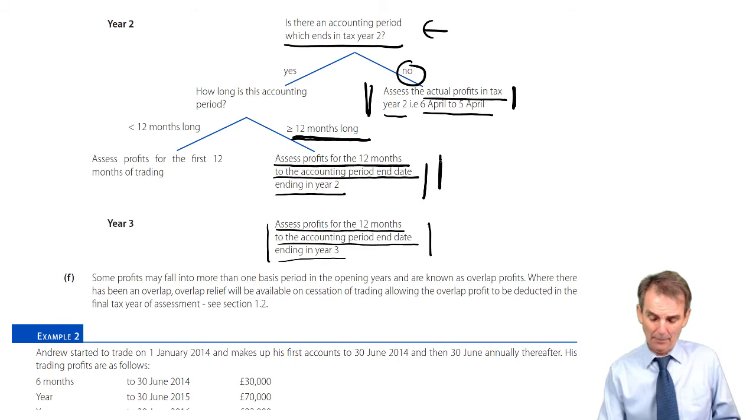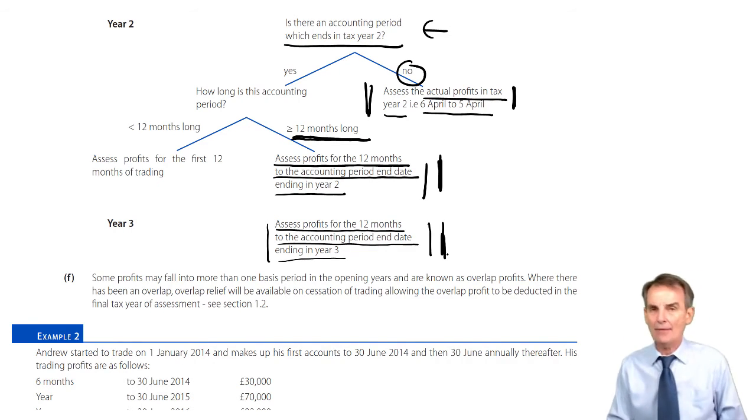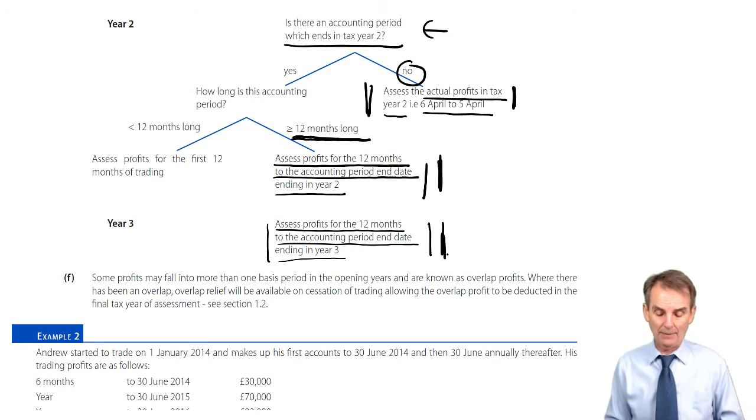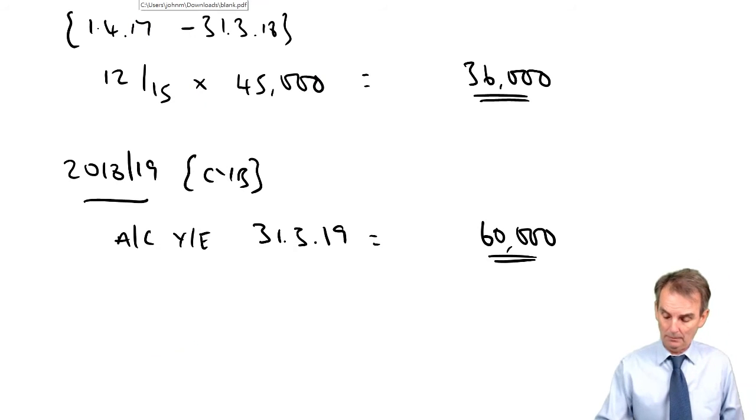So what would have happened in the second year is now happening here in the third year. It means, as we made mention of earlier, that we're going to have to wait all the way through to the fourth tax year before we are able to use current year basis. Okay, let's see how that plays out therefore with a little example.